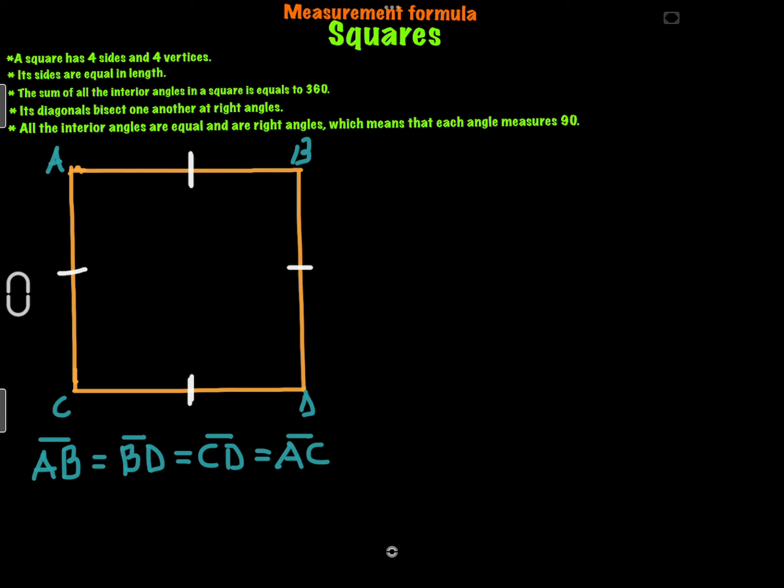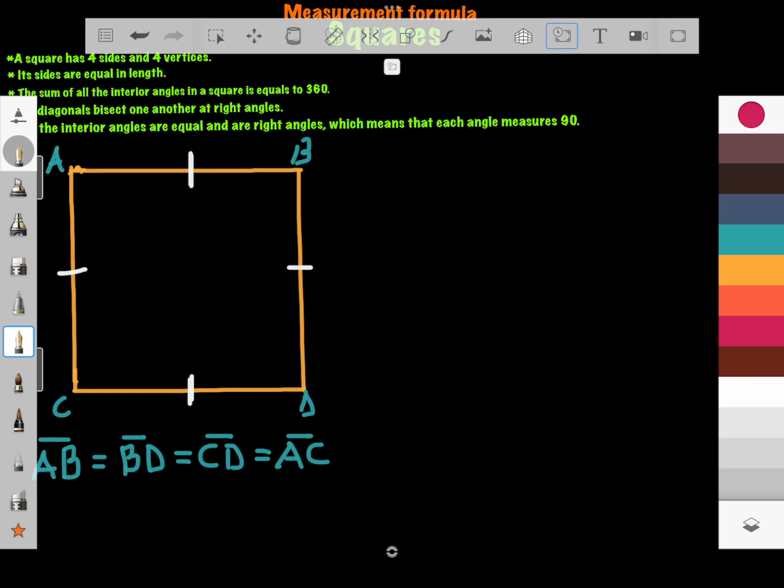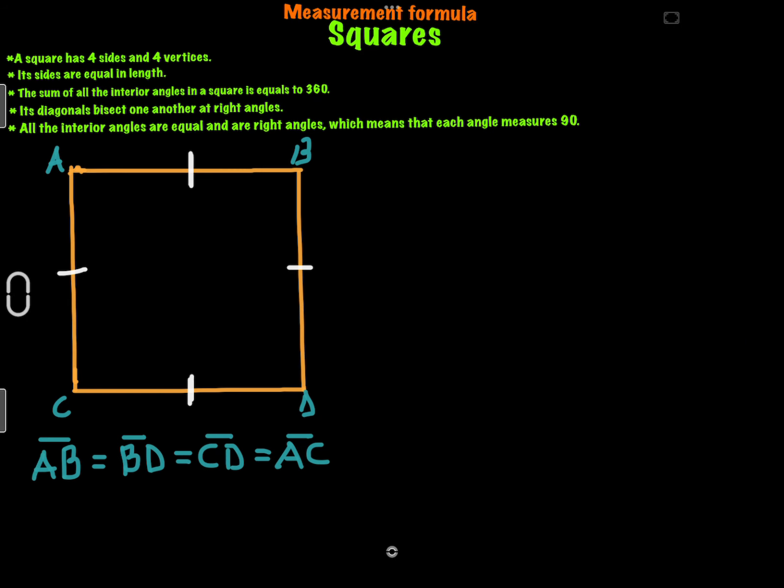And a square has 4 vertices, so the vertices are where 2 arms or line segments meet. So we have a vertex at A, we have a vertex at B, we have a vertex at point C, and we also have a vertex at point D. So all of those are vertices.